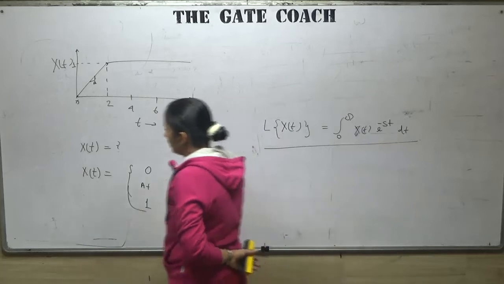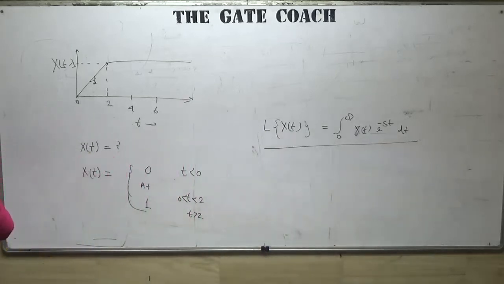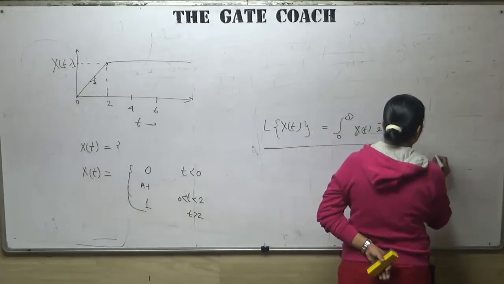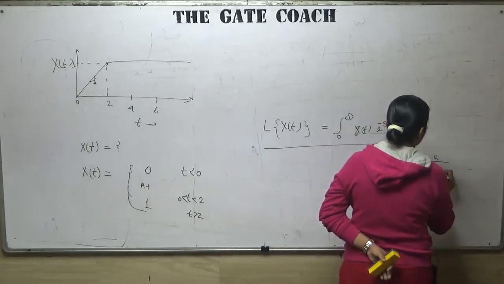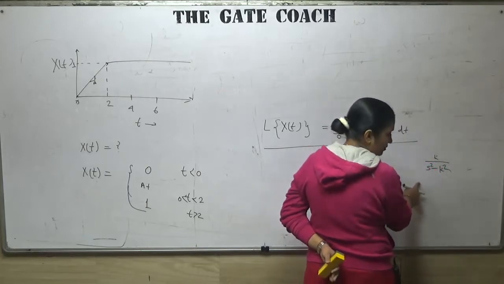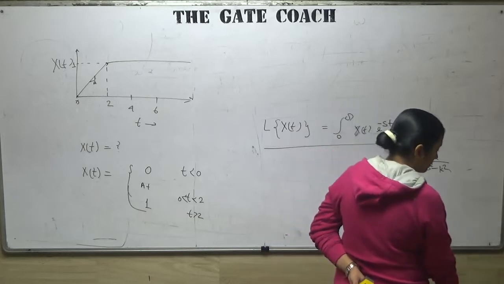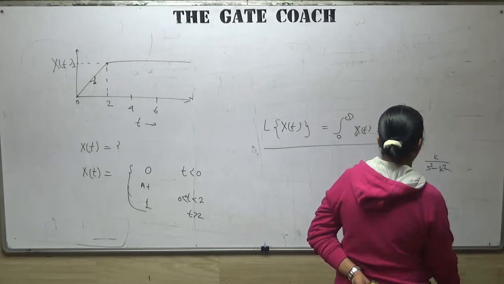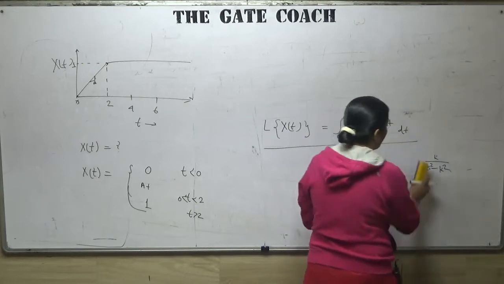How are you applying the initial value theorem in this? Because the cos hyperbolic kt is nothing but s upon s square minus k square, right? If you are taking s common, how can you apply the initial value theorem in this? I'm not getting your point.